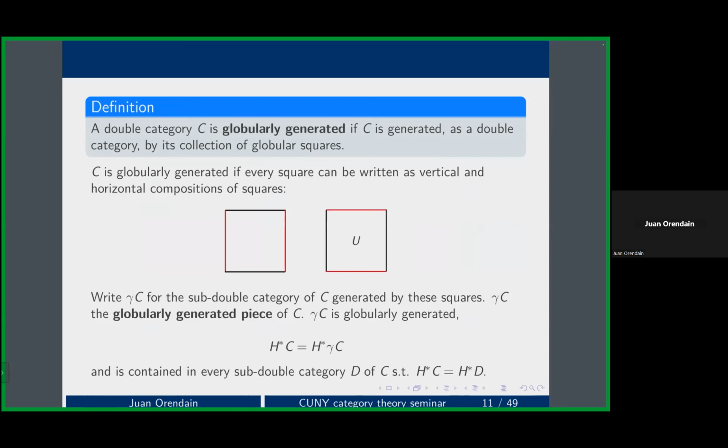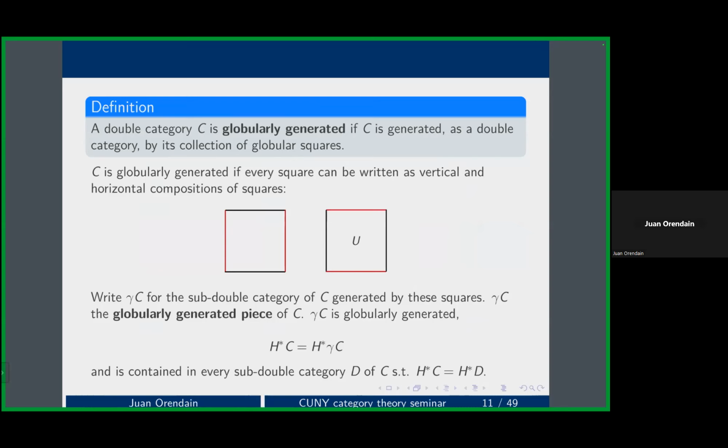So if we write Γ C for the sub-double category of a double category C generated by these squares, by horizontal identities and globular squares, then Γ C we call the globularly generated piece of C. Γ C is globularly generated, number one, and number two, the decorated horizontalization of C is equal to the decorated horizontalization of Γ C, and number three, Γ C is contained in every other sub-double category D of C having the same decorated horizontalization as C.